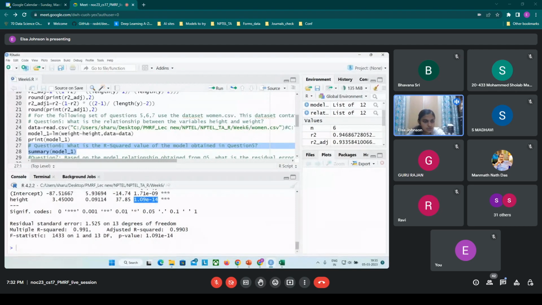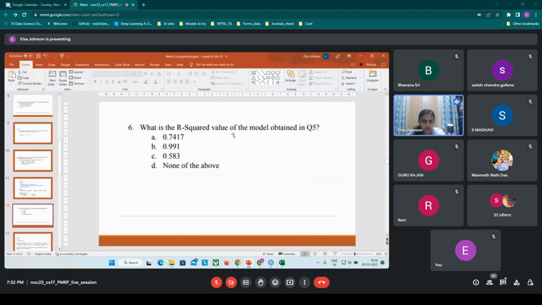Then we looked at the r squared value as well as the adjusted r squared value. Then the f statistic, on 13 degrees of freedom, the p value is coming as this. So the question was to find the r squared value.